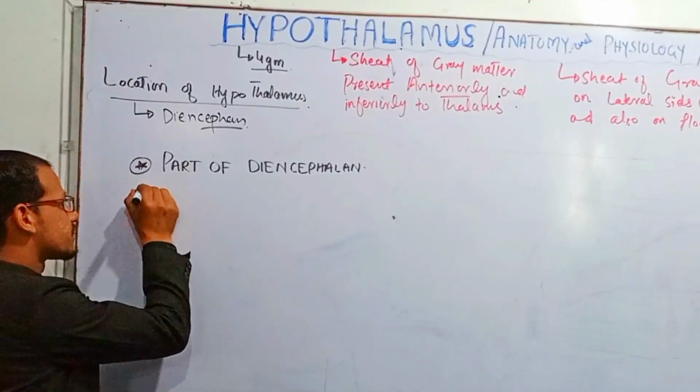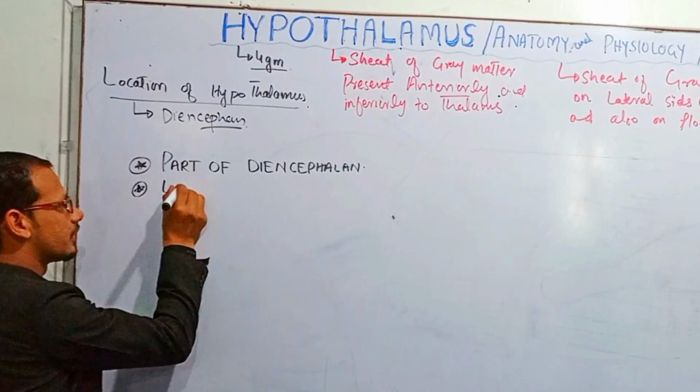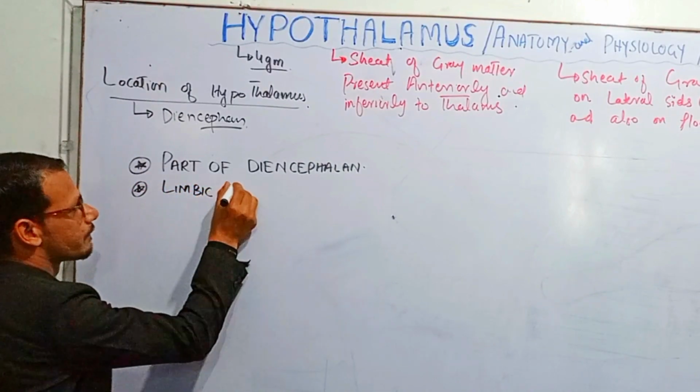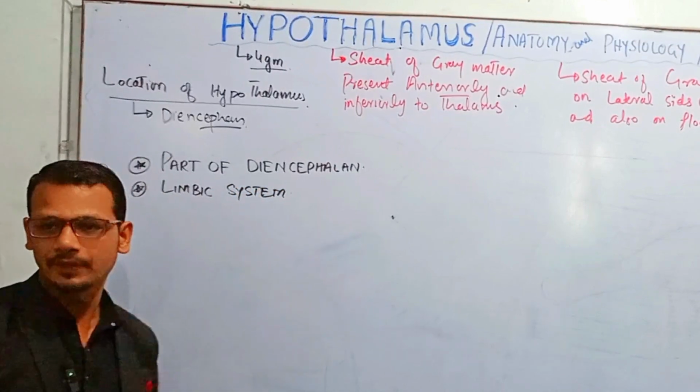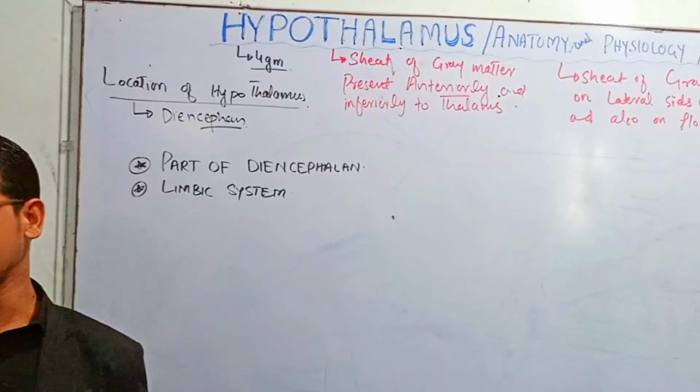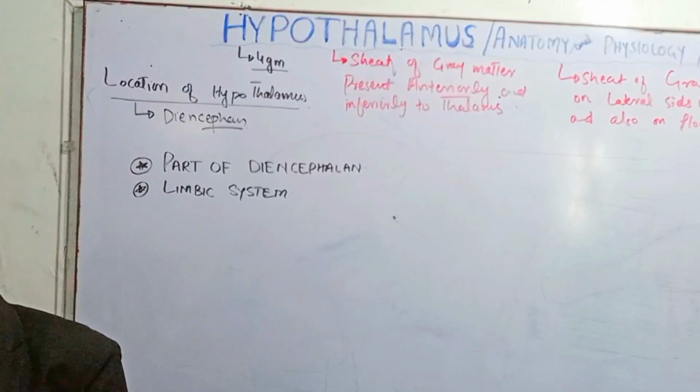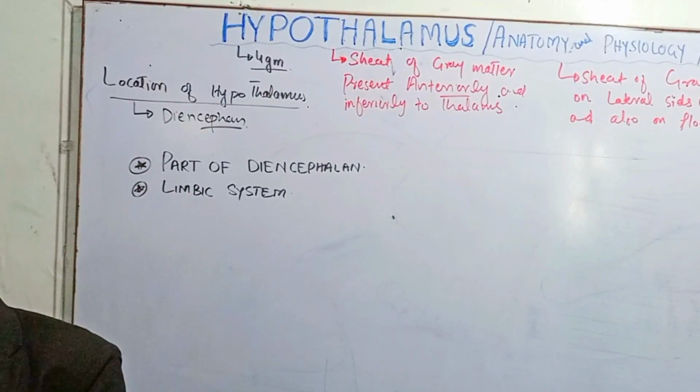And also this is the structure present in limbic system of the brain. And like about the cerebellum, if you want to remember the cerebellum in short words, you will remember 3 points, right? And like that, this hypothalamus you can also remember easily by remembering 3 points, right?